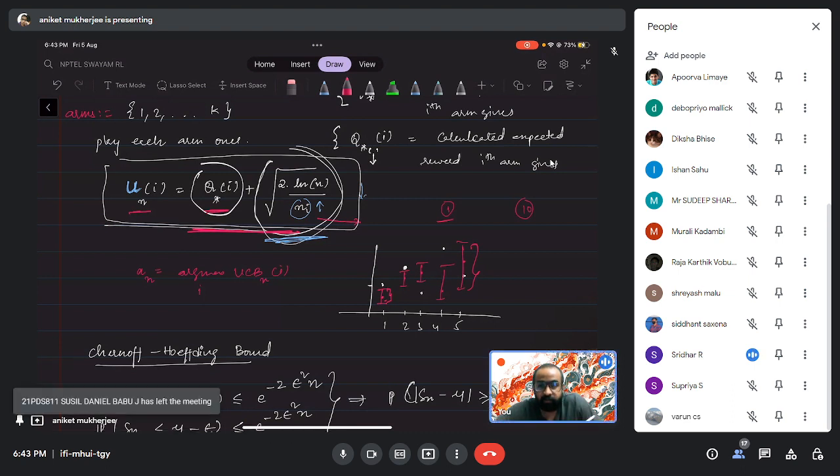Each time I pull, I get a sample reward. That is random. Since that is random, this Q star i is random. Since Q star i is random, which arm has the maximum value of UCB next time is also random.